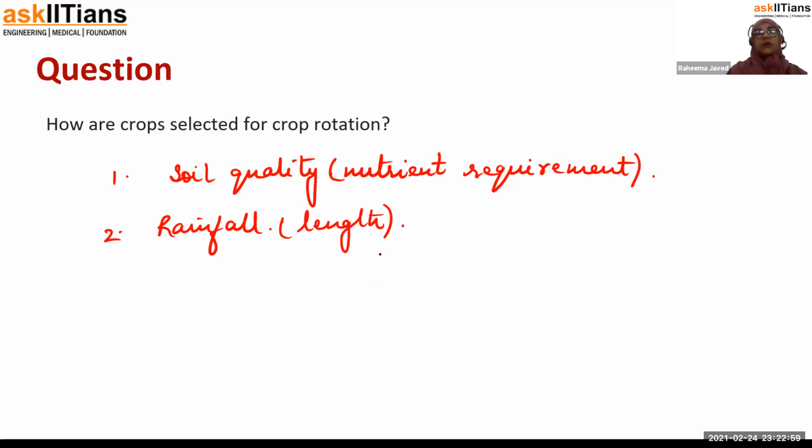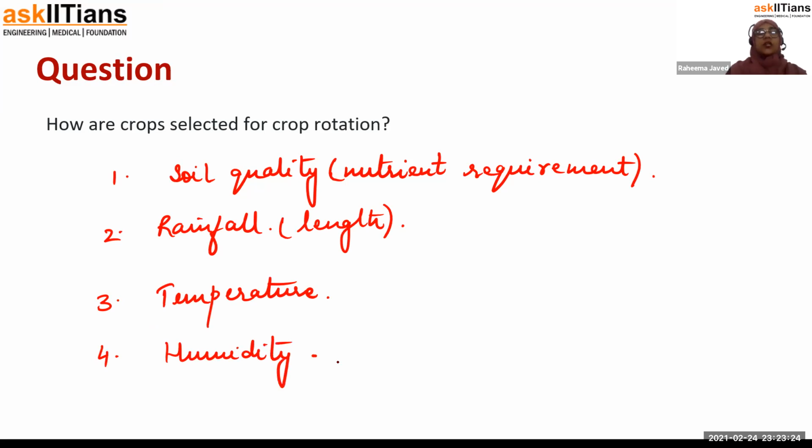Then you can also write about the temperature and humidity of that place.